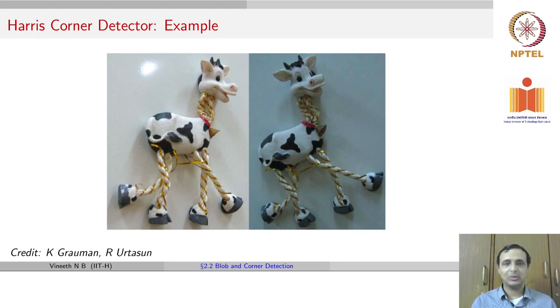Why is that relevant? Once again, if I take the example of stitching different images in your cell phone, a panoramic mode or something like that, we want the same points in both those images to be located so that they can be matched and probably stitched together to get a panoramic image, just as an example of an application.